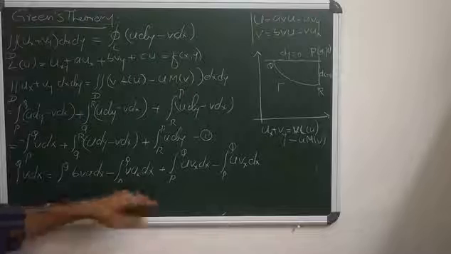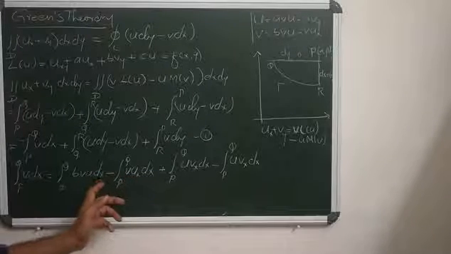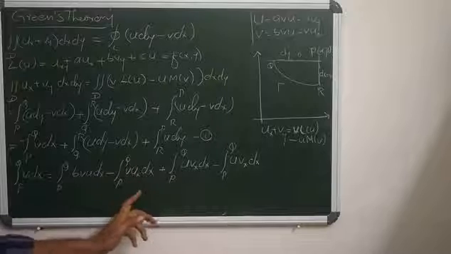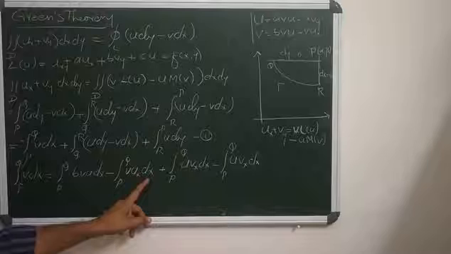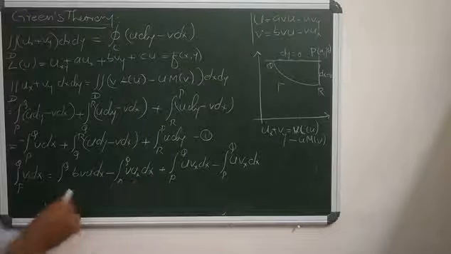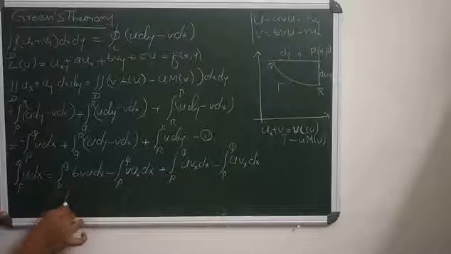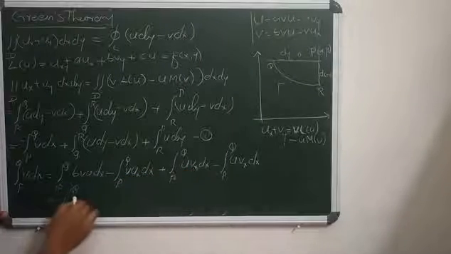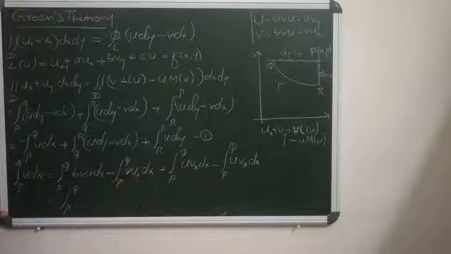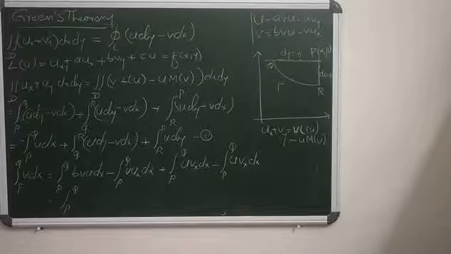That is the integral along PQ of u v x plus v u x dx. This can be rearranged as the integral along PQ of u v x plus v u x.